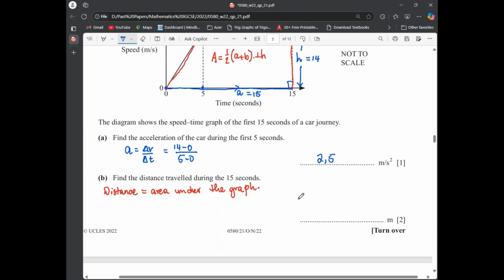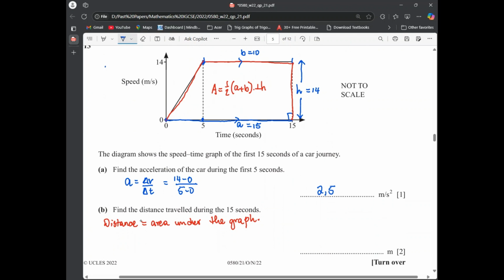Now we can substitute into our equation. So area is equal to half multiplied by 15 plus 10 multiplied by 14. Quick calculations will give you a final answer of area of 175 meters.